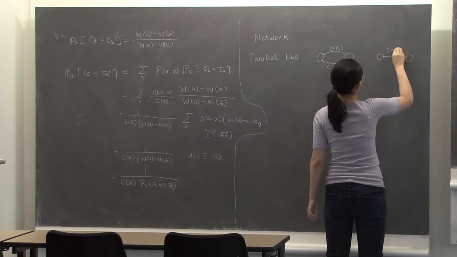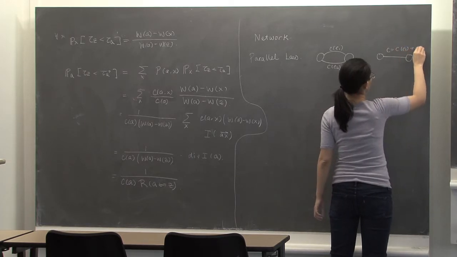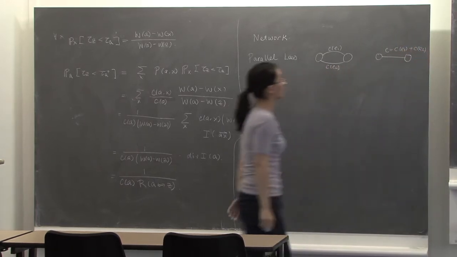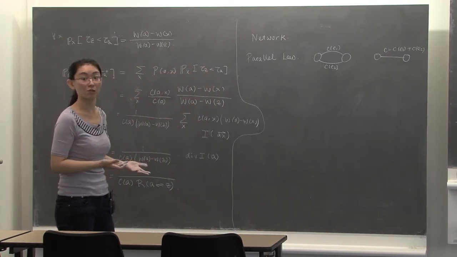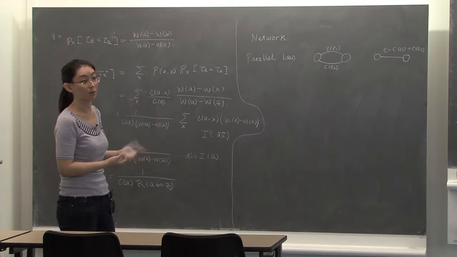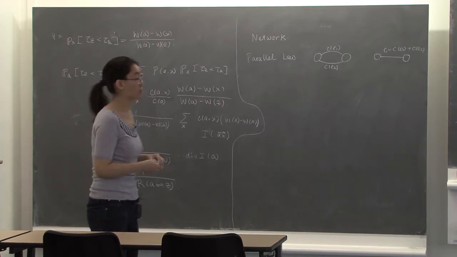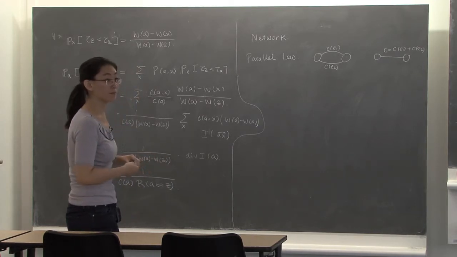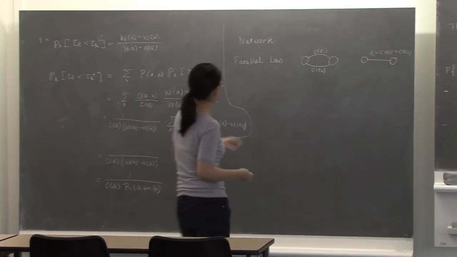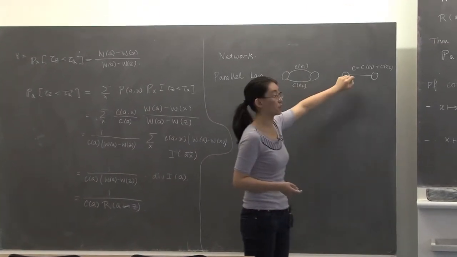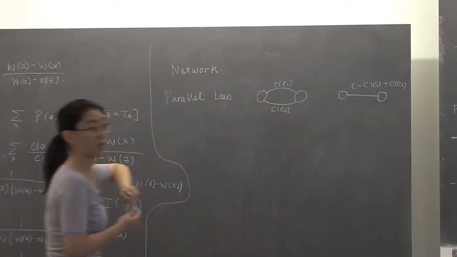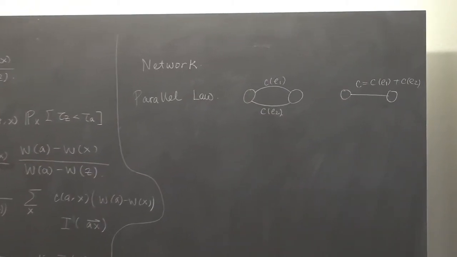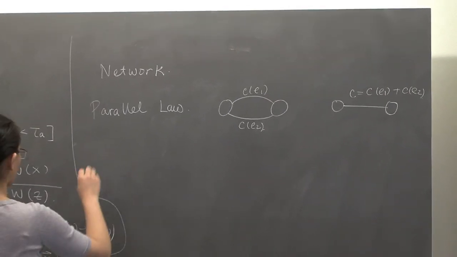The resulting conductance is just C_E1 plus C_E2. For the other part of the network, nothing is changed, so the voltage and the current flow are the same as before. So we can replace two parallel edges by one edge, and the conductance is just the sum of the two conductances. And the second operation is called the series law.